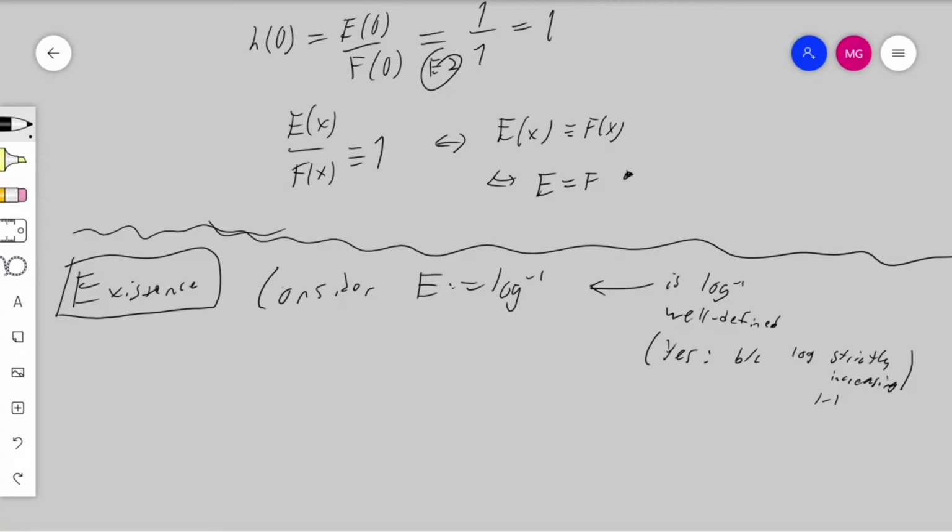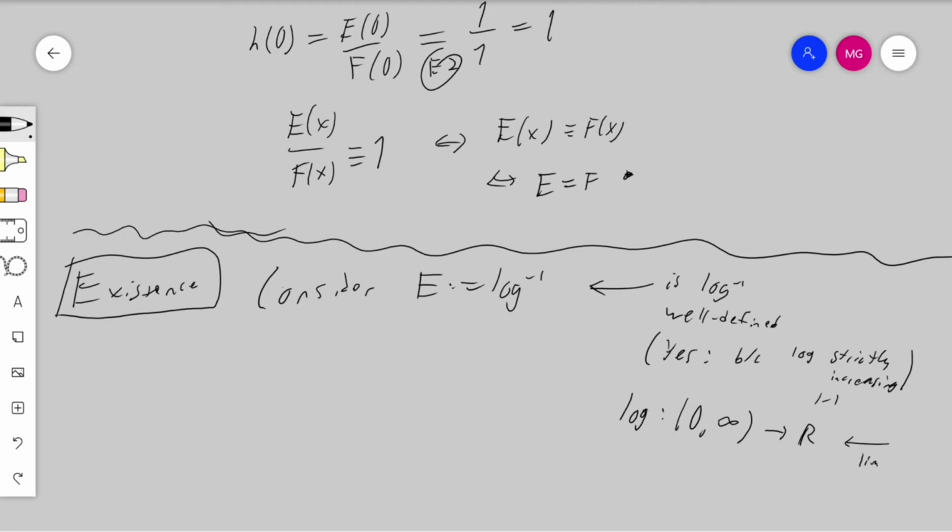The question is, what is its domain and range? The log function, we said, mapped us from the positives to the reals. Now, the reals here are the codomain, but it's not clear whether it's actually the range. The range is the numbers that log actually achieves. We're just saying that it's contained within the real numbers right now, but we don't know if we hit all the real numbers. But in fact, we do. This is because of the asymptotic behavior of the log function.